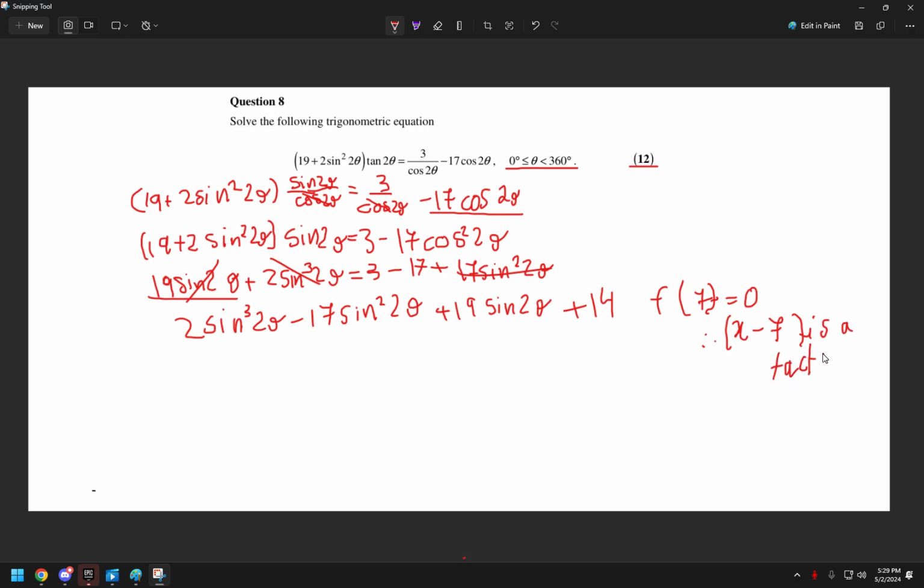Now further you would use algebraic long division to find out your two values, and then just confirm it on your calculator, but I just don't have space, so I'm just gonna write x minus 7. My other value was x minus 2, and my last value was 2x plus 1, so that becomes negative a half.